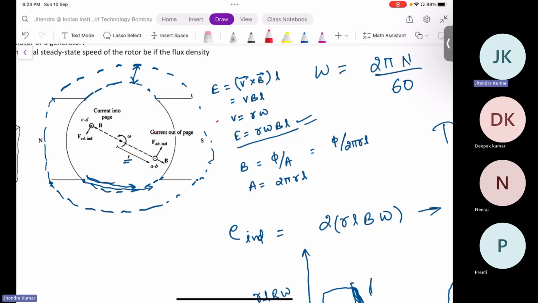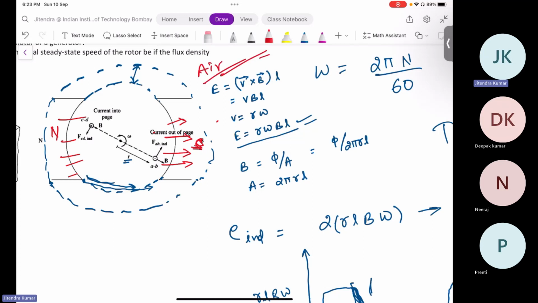You have a North Pole and you have a South Pole. The North Pole is supplying a certain magnetic field, and the flux will enter the South Pole. Outside of this core there is air, right? All these mediums are air.